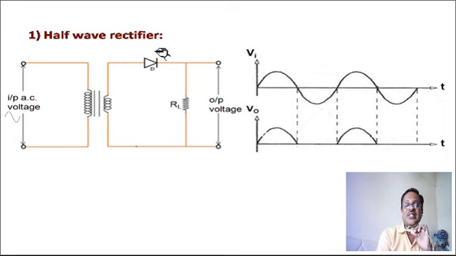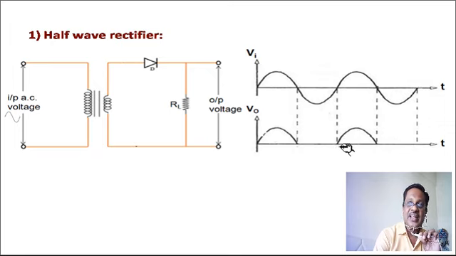Since the diode is reverse biased, it does not conduct current and therefore no current flows through the load resistance RL, and hence there is no voltage obtained across RL. The output voltage is 0 during the negative half cycle.